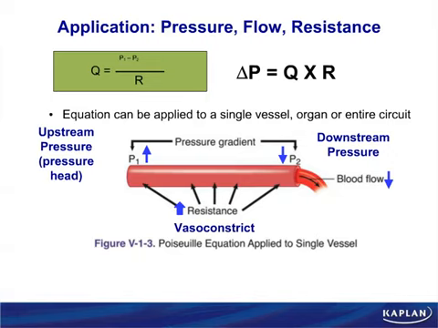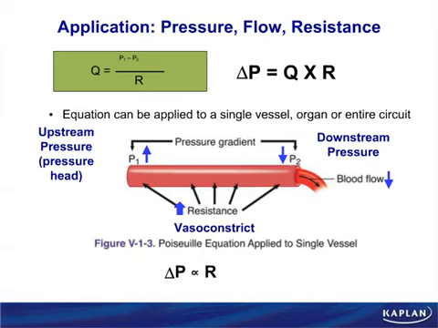But notice this key element. The change in pressure is proportional to the resistance. When this blood vessel vasoconstricted, upstream pressure went up and downstream pressure went down. That means the change in pressure, or the pressure drop, between P1 and P2 got bigger.